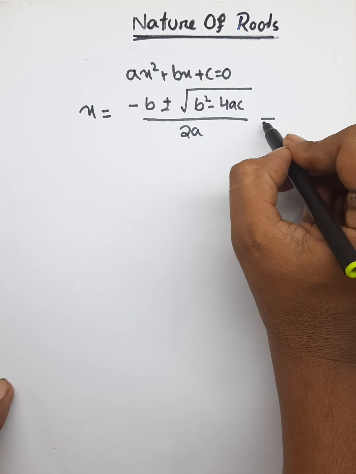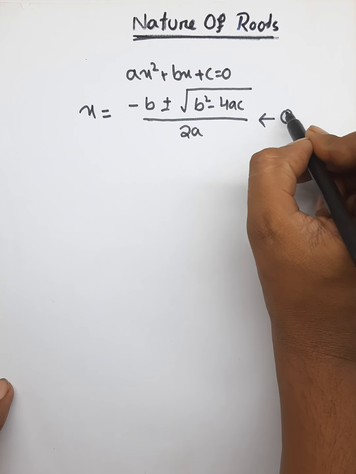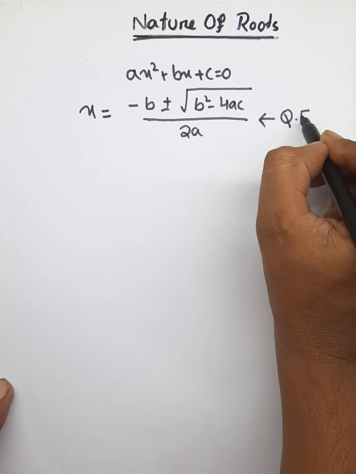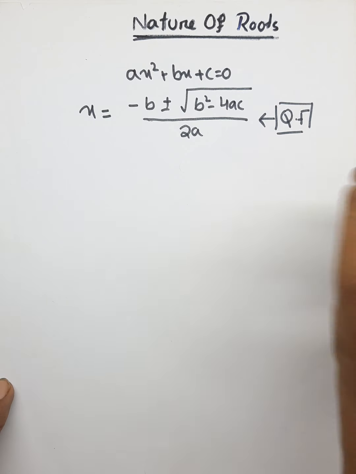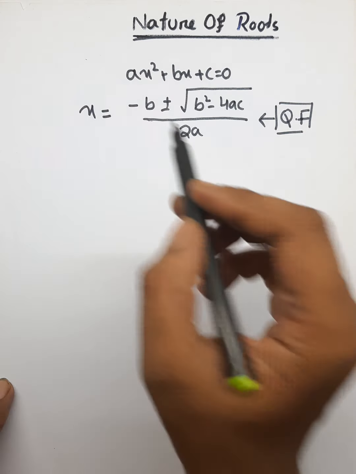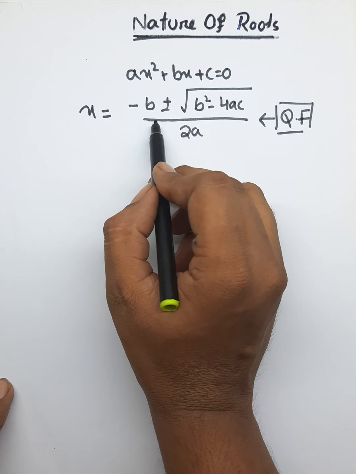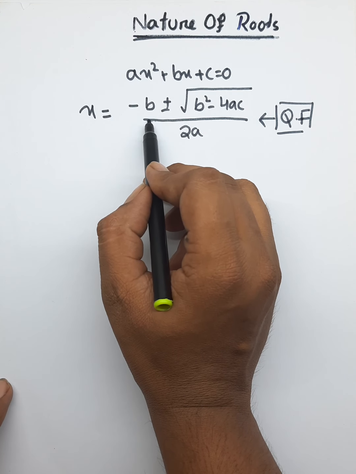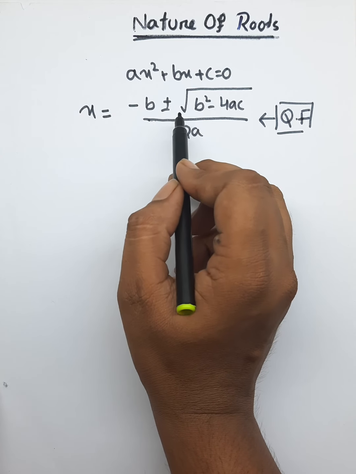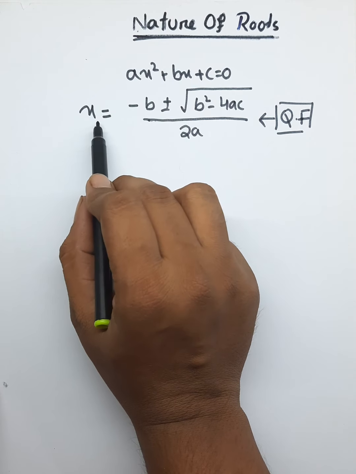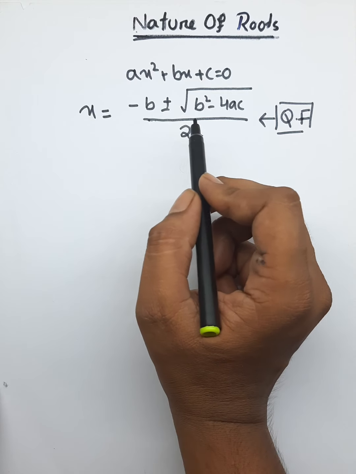This formula is known as the quadratic formula, as we discussed in our previous class. By this formula we can solve the equation and get two values of x.